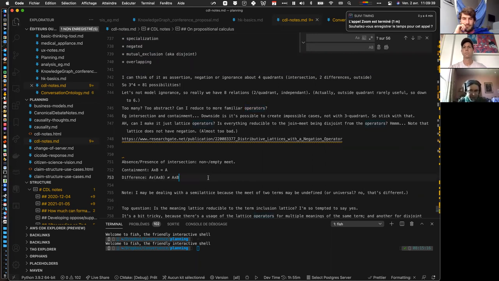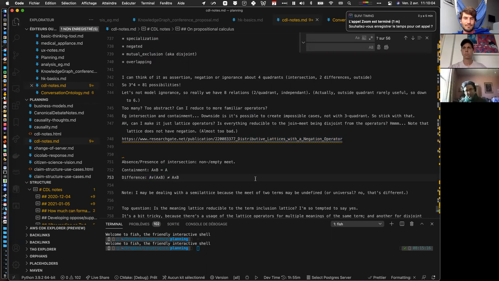But the other thing I checked is, can this be expressed in terms of lattices? Well, not easily, but yes. I started looking at lattices with negation, but we don't even absolutely need to go there. We can express intersection, containment, difference as lattice meet and join equations.